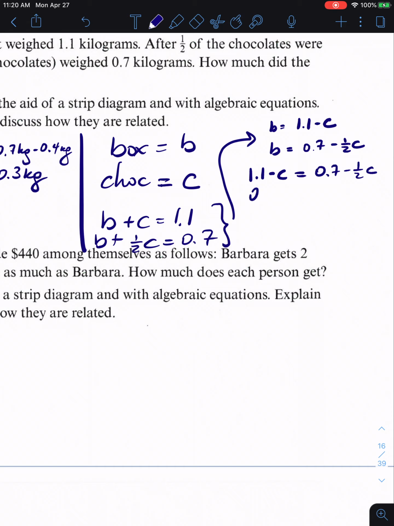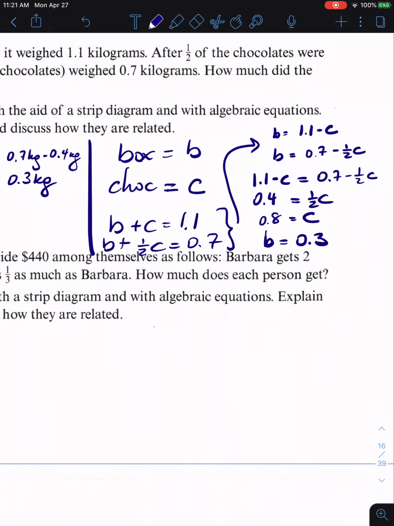So we have 0.4 equals half the chocolates. Okay, so 0.8 is the chocolates, and if the box plus the chocolates is 1.1 and the chocolates are 0.8, then the box is 0.3.